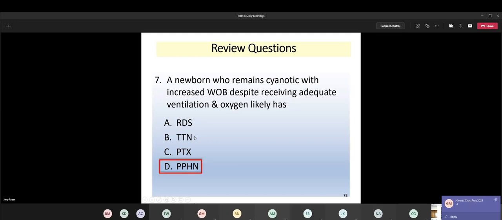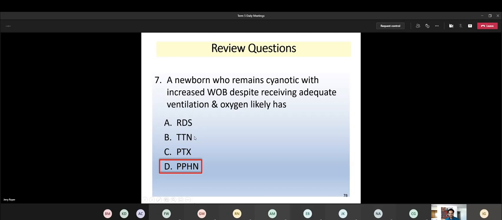PPHN. So now remember that persistent fetal circulation, or persistent pulmonary hypertension, is going to happen because your shunts are open again, like your ductus has reopened or hasn't closed like it was supposed to, or possibly your foramen ovale is still open.